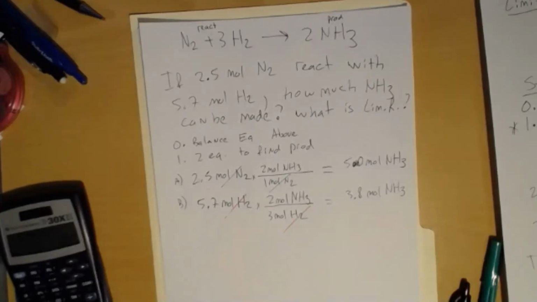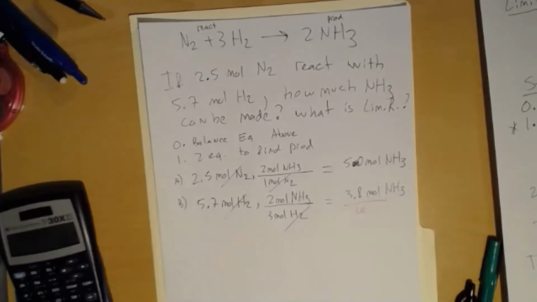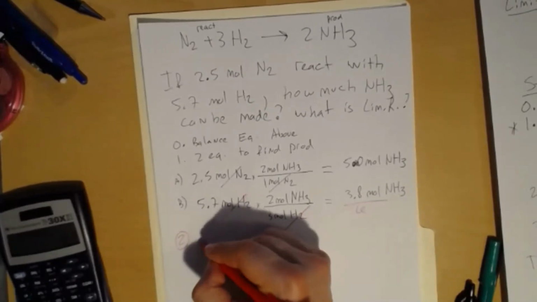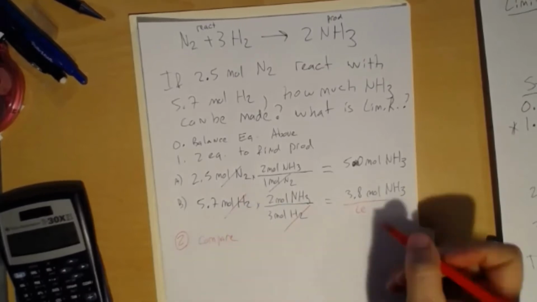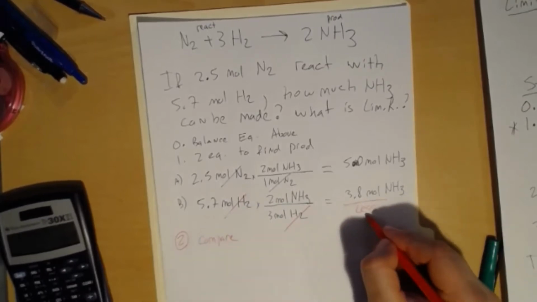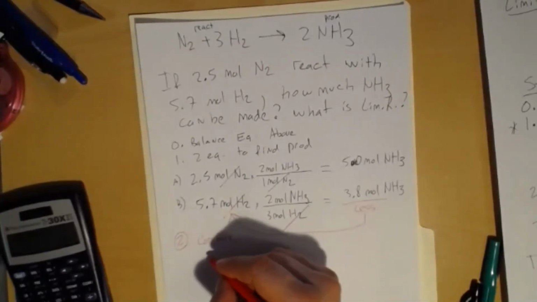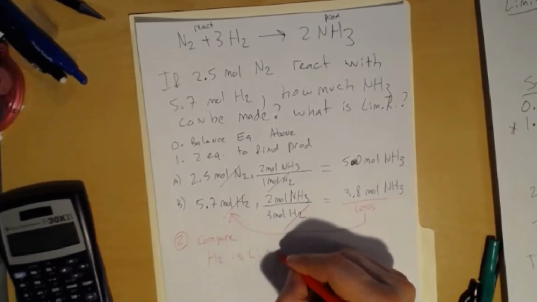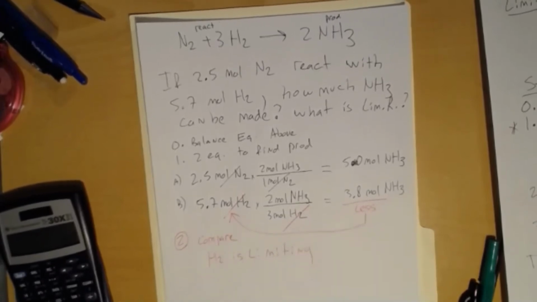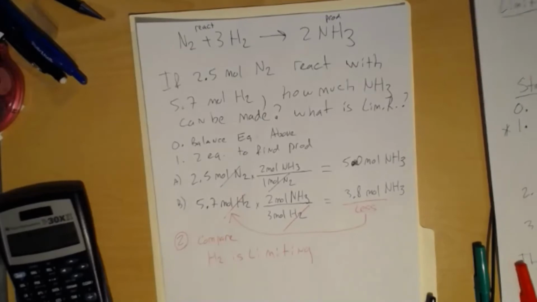Yeah, so he's saying, so this is less. So now we're doing step 2, is basically compare, right? So this is less. So go back to hydrogen. If that's less, then hydrogen is limiting, right?